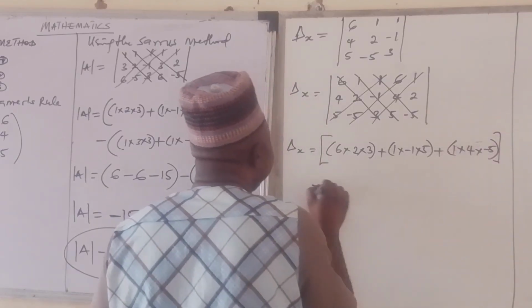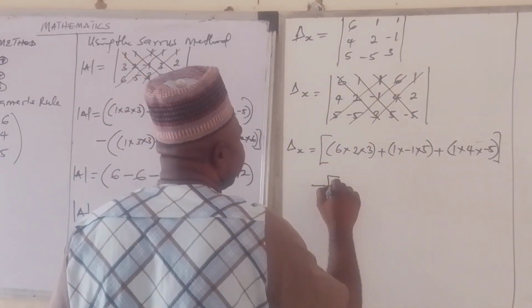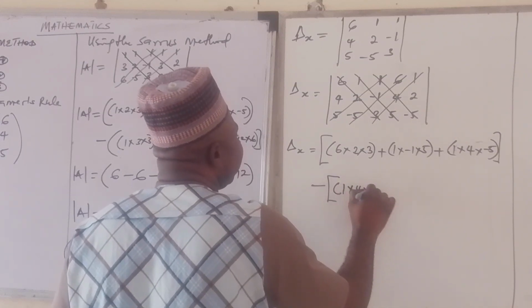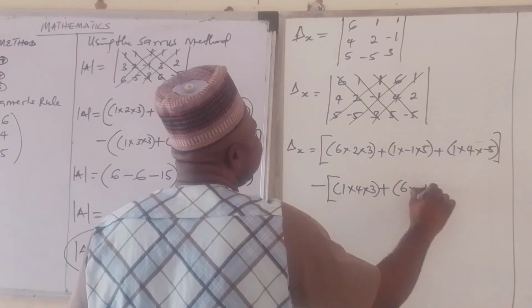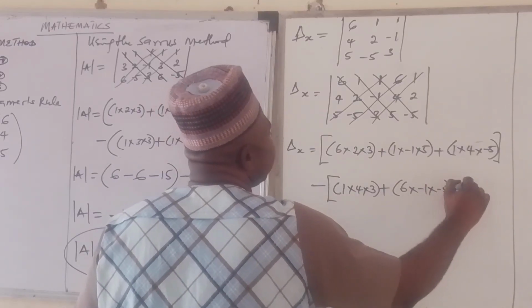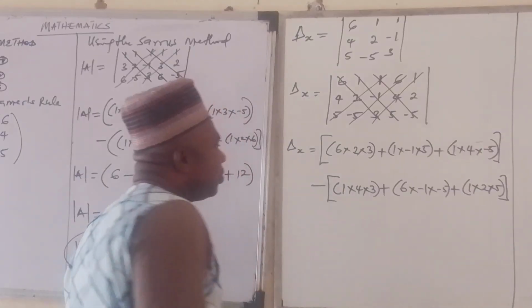Yes, the whole of this less, minus. Now the minor diagonal: 1 times 4 times 3, plus 6 times minus 1 times minus 5, plus 1 times 2 times 5.